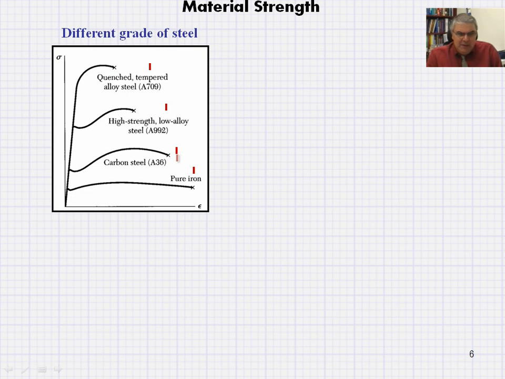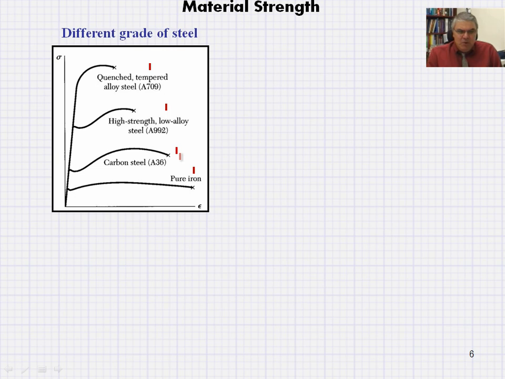Carbon steel has a lower strength than the other two I just mentioned, but it has a much higher strain. The strain here plays a very important role in defining the ductility of the material, in this case a different grade of steel.